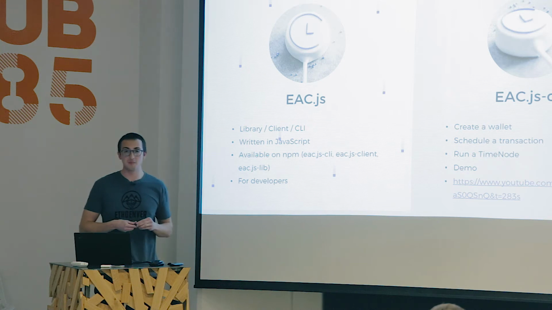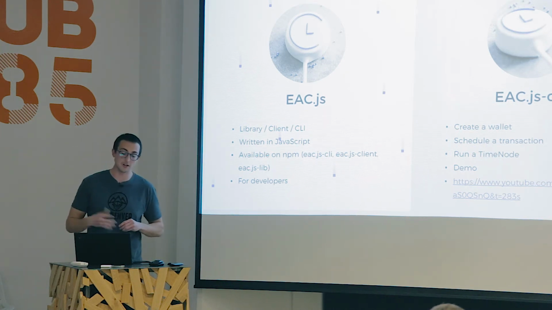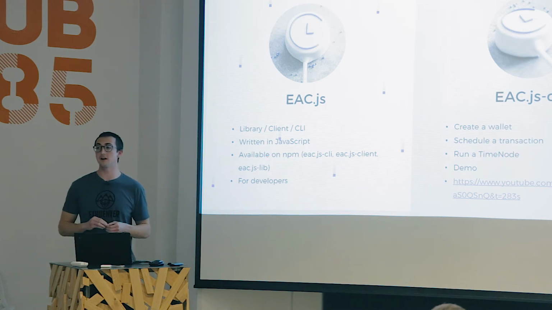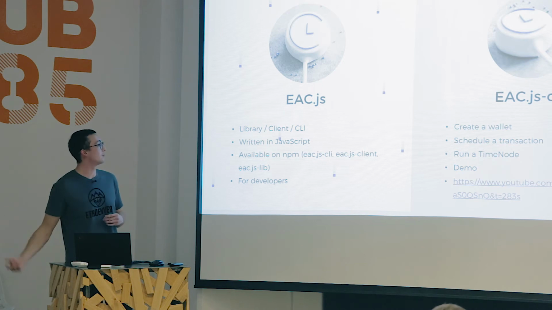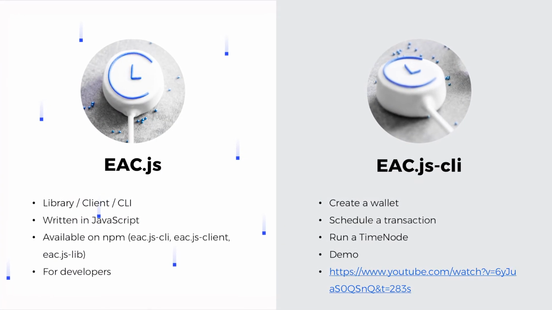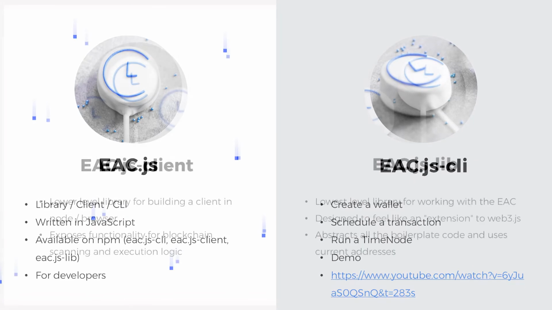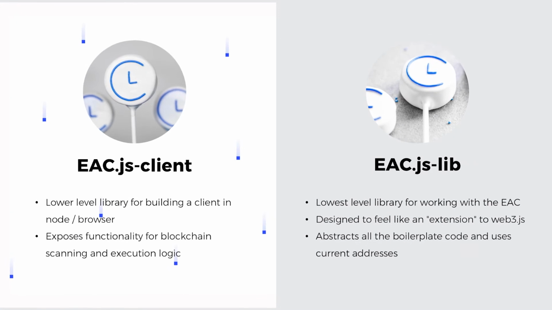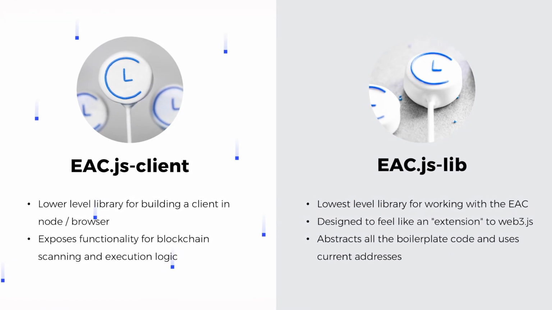So we've also been working on JavaScript tools. Developers who would like to integrate this into their dApp can use our open source JavaScript tools. We've divided them into 4 different packages. We have a low-level library, so if you want to interact with the contracts, we have a client, which contains the time node logic.